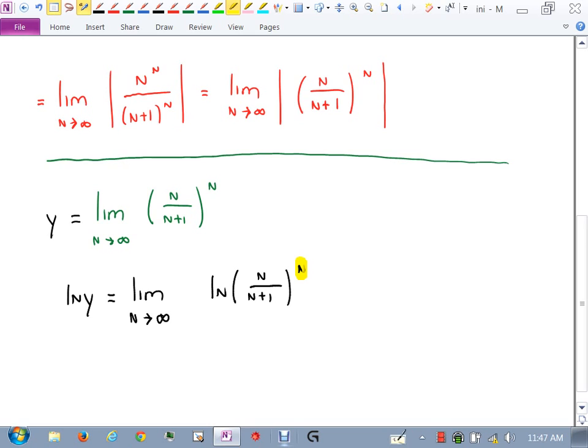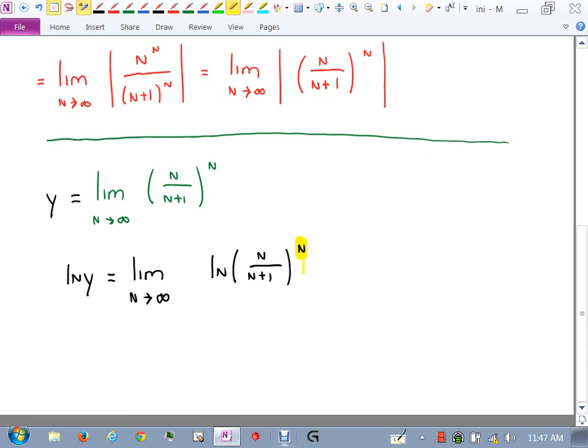So that's why I had to introduce the log on both sides. You got it? So I bring in, got natural log y equals limit n goes to infinity. Now it's n times natural log of n over n plus 1.